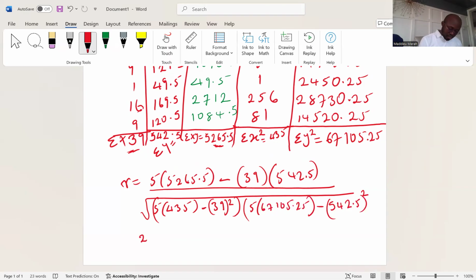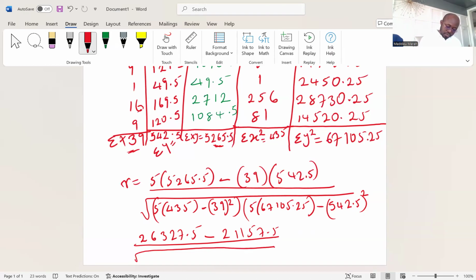This would be 26327.5 minus 39 multiplied by 542.5. This will give me 21157.5.